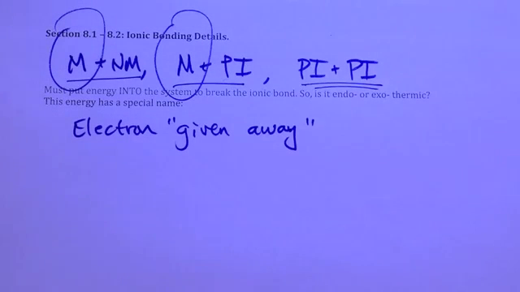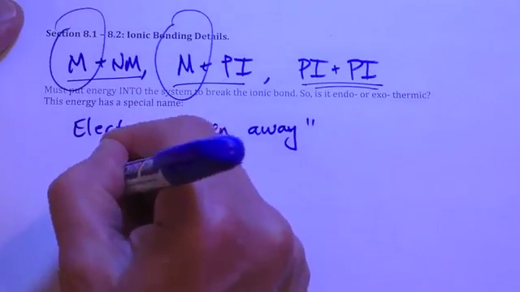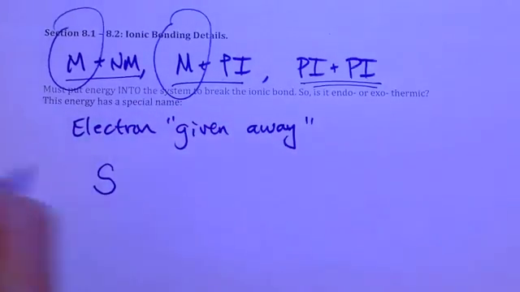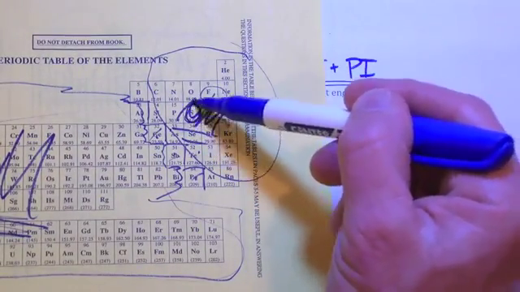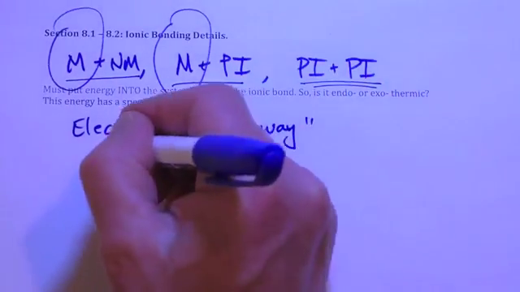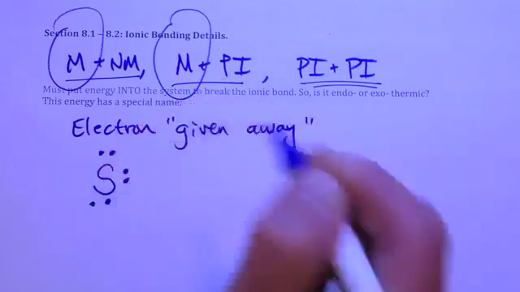I used these symbolisms a little bit earlier to illustrate this. These symbols with dots, like for instance sulfur that's in group 16 of the periodic table and would have 6 valence electrons. I put 6 dots around it, 1, 2, 3, 4, 5, and 6 to illustrate that.